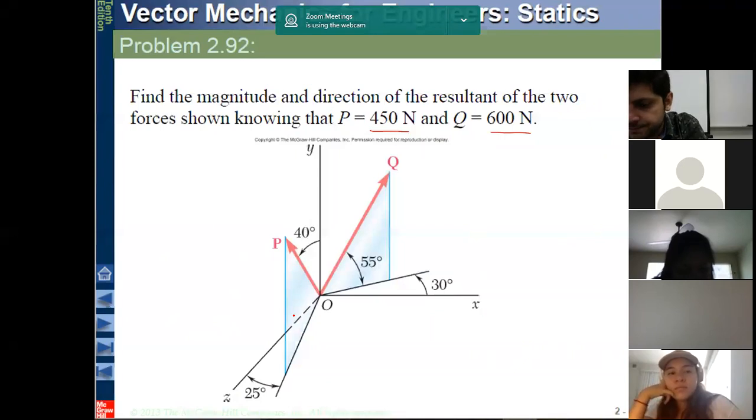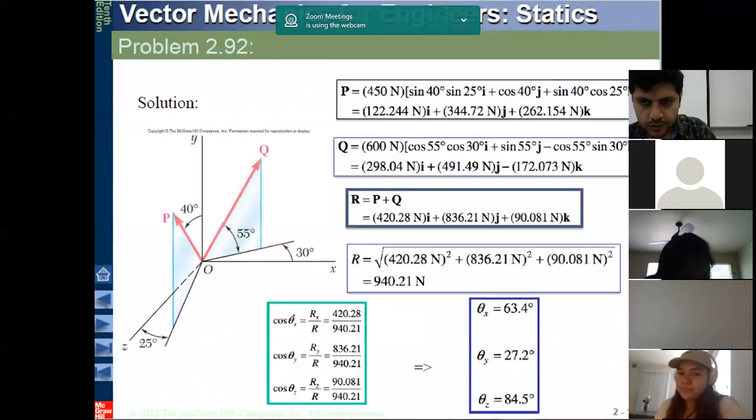Okay, let's see how we can solve this problem. So let's start with P. P cosine of 40 would give you Py.